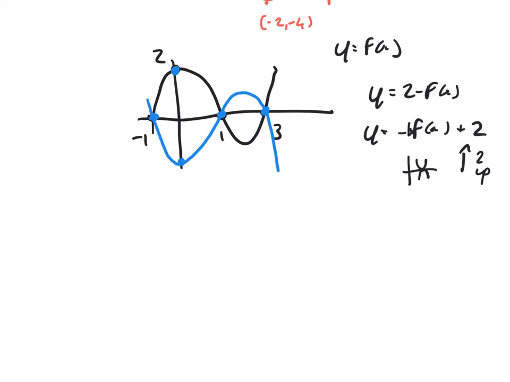Okay, and then I'm going to move the thing up 2 units. So if it moves up 2 units, this -2 will now go up to the x-axis. -1, 0 will now go up to -1, 2. 1, 0 will go up to 1, 2, and 3, 0 will go up to 3, 2, and the curve will look a bit like this.